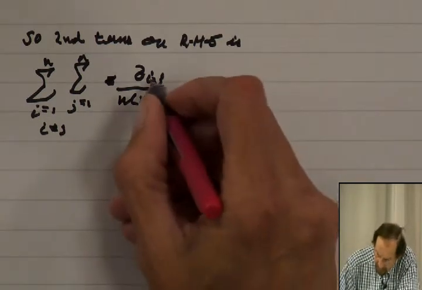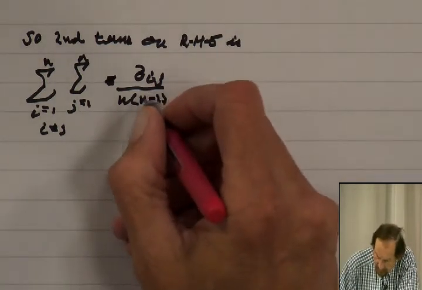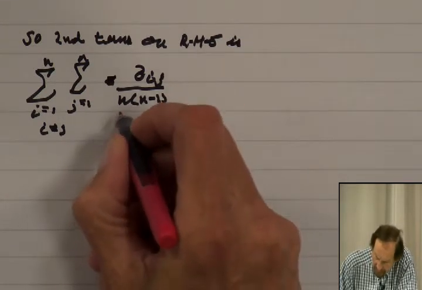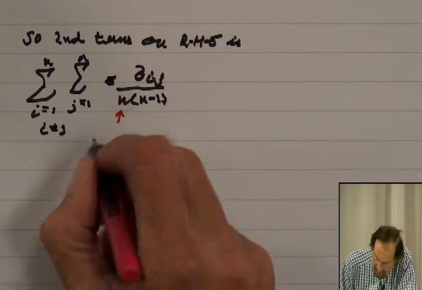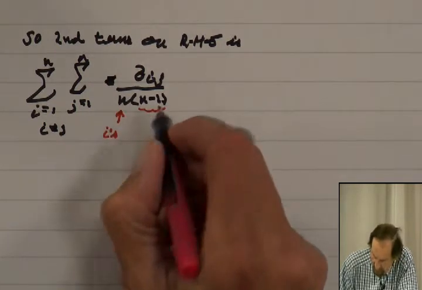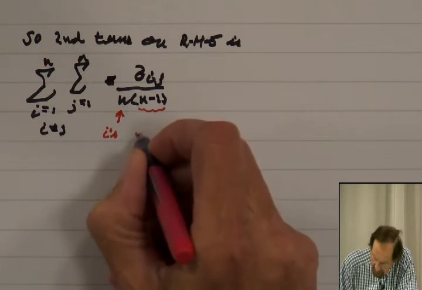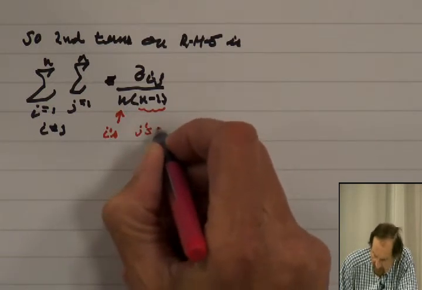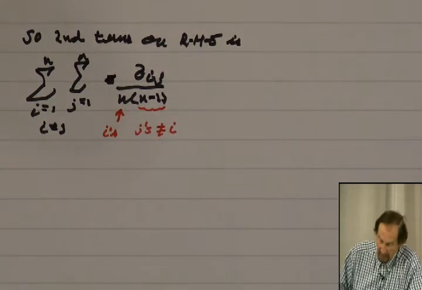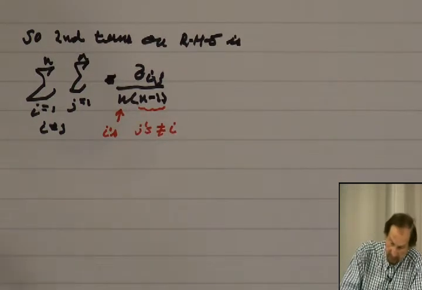So here are the covariance terms that are positive, and underneath we have n times n minus 1. We have n i's and n minus 1, like we said before, j's not equal to i. So for each i, there are n minus 1 guys here.